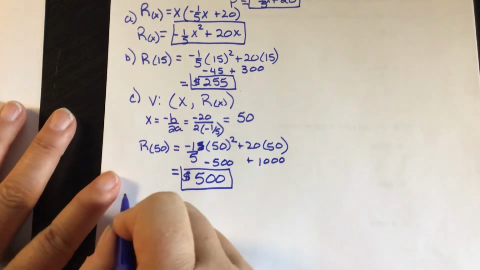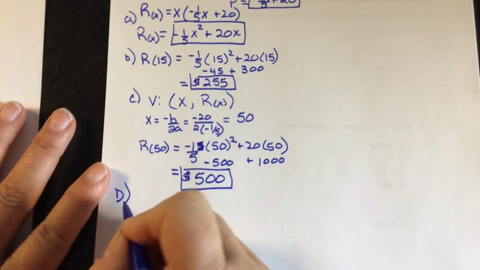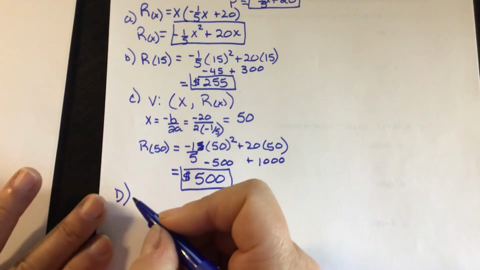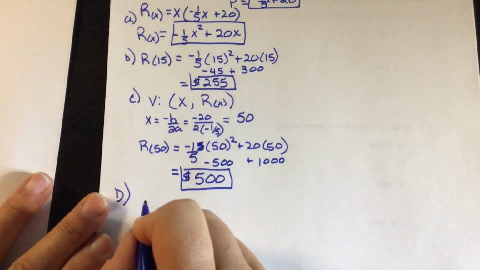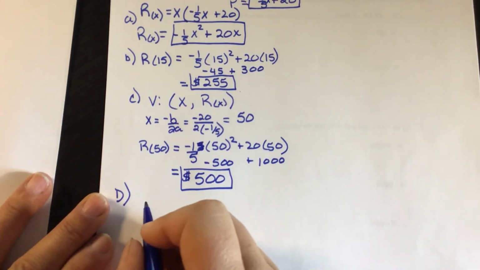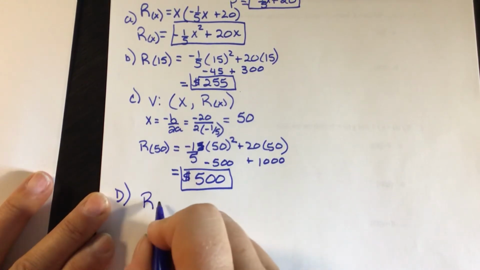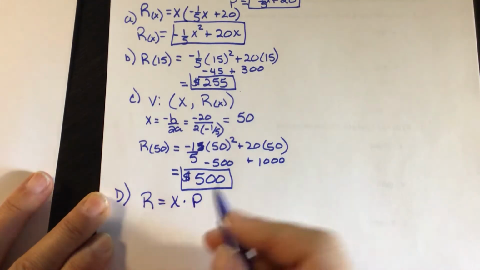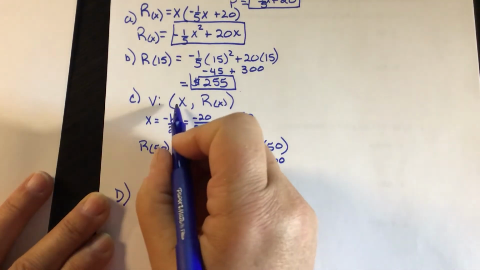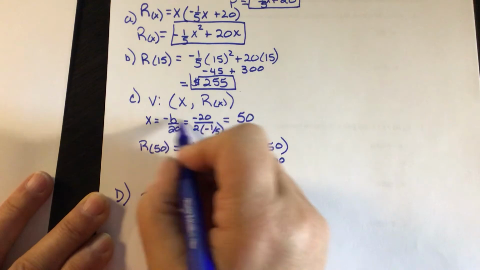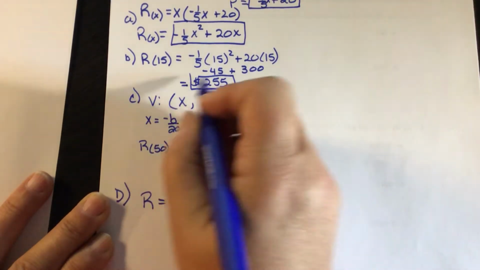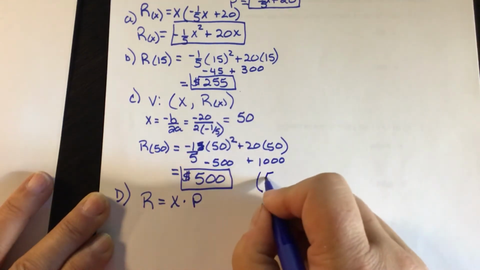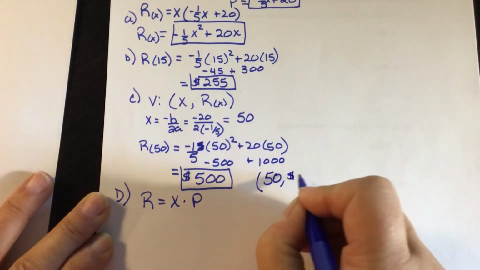In Part D, they're asking us to find the price for the maximum revenue. So they want us to find price. I'm going to go back and use revenue equals X times P. So for maximizing the revenue, we had the vertex, which was 50 and 500.